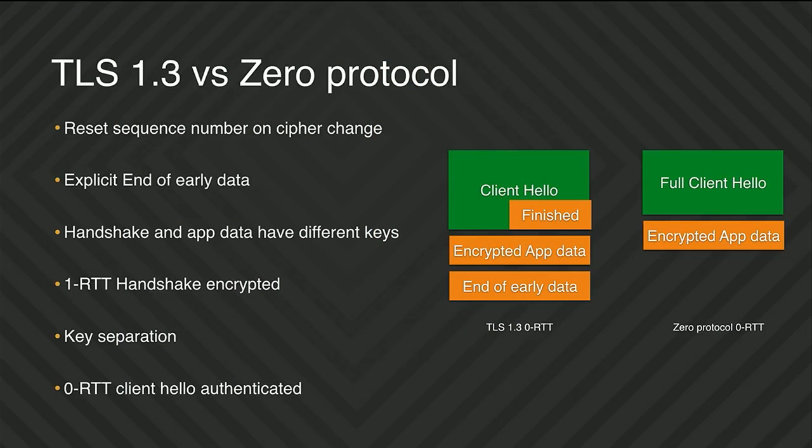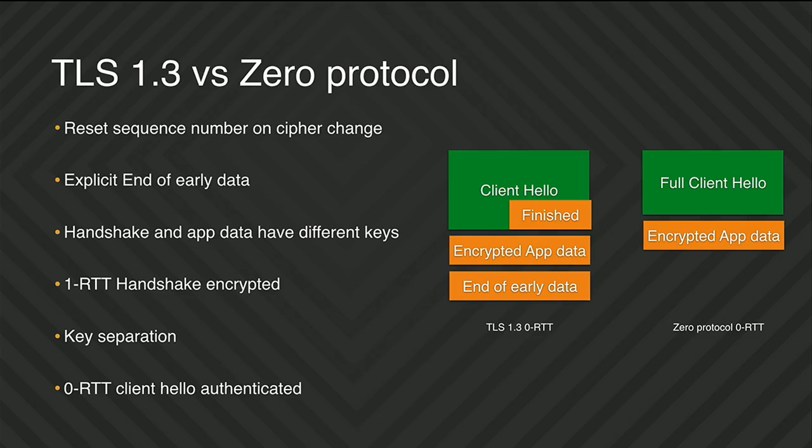So TLS 1.3 looks great. But there are very important differences between TLS 1.3 and 0, why we're trying to move to TLS 1.3 specifically. One of the core features of TLS 1.3 is that every time the cipher changes, that is, you change from 0 round-trip ciphers to 1 round-trip ciphers, you reset the sequence number.